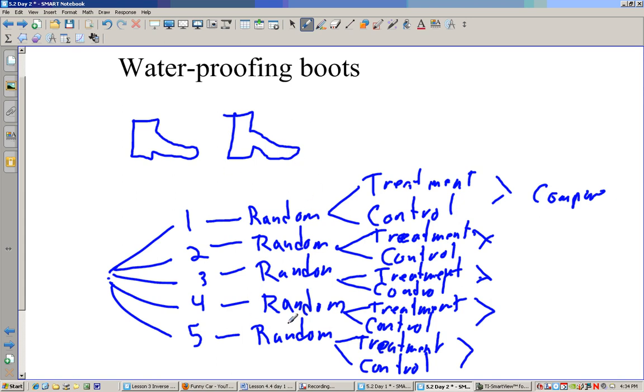Notice how we used random allocation to put the waterproofing on the left or the right boot. We could have said 10 people, 20 people, but that would have been a lot of writing. But hopefully you get the idea of how you can set up an experiment using blocking.